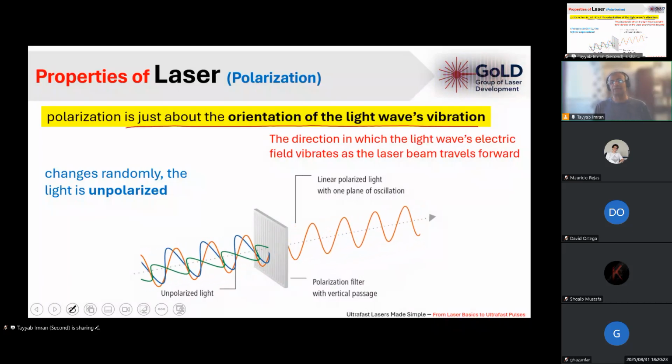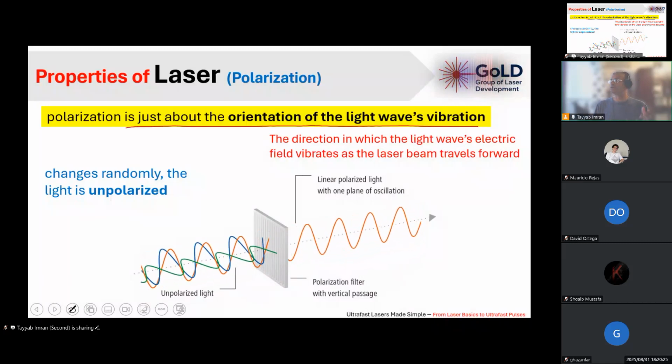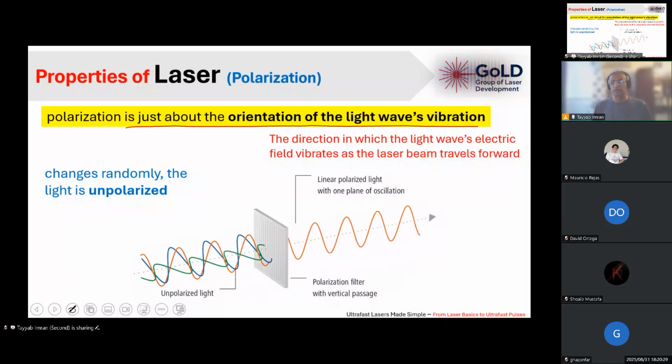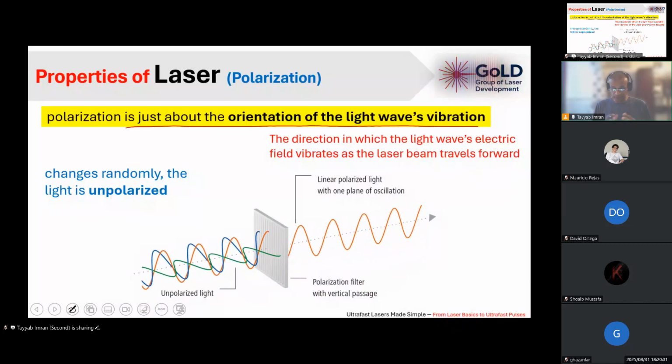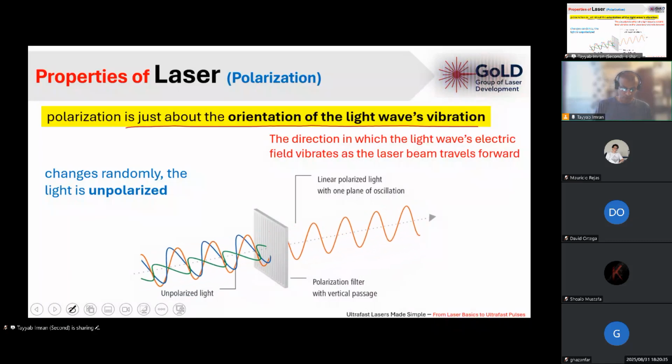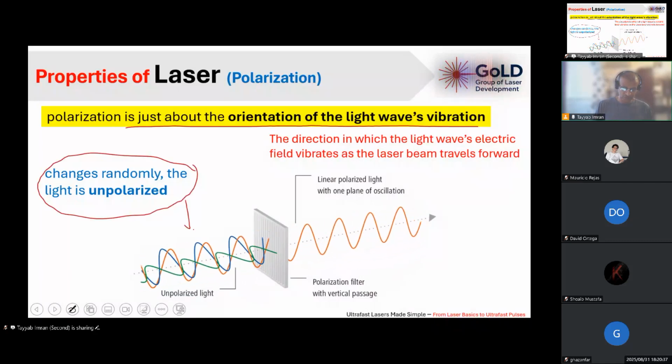If the light is unpolarized, which is the general case, like light coming from the sun in daily life, it looks like this.